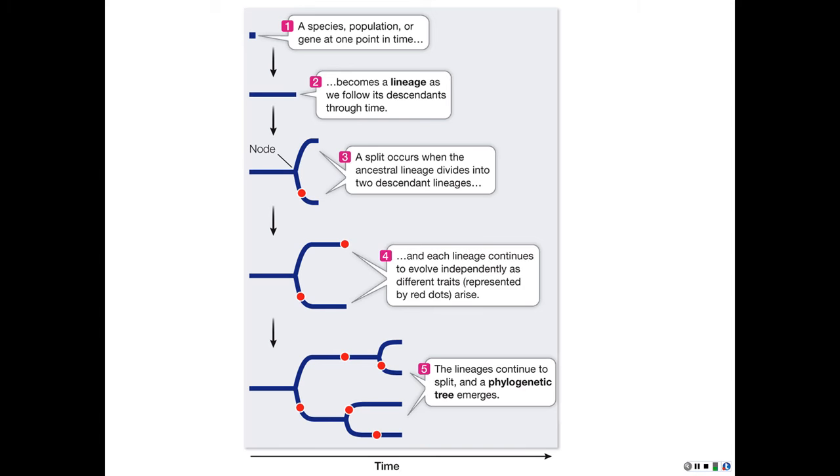And different methods to figure this out: we can use morphology. We can use molecular sequences, so DNA, RNA, or amino acids. Or we can use even a type of data to help in evolutionary relationships.